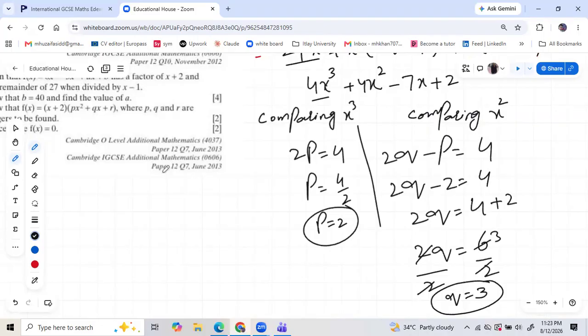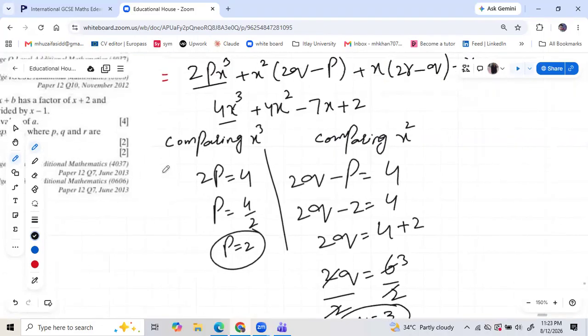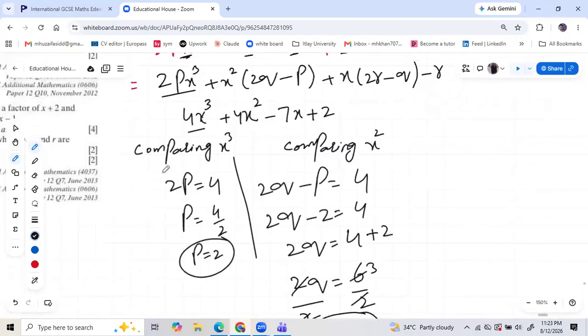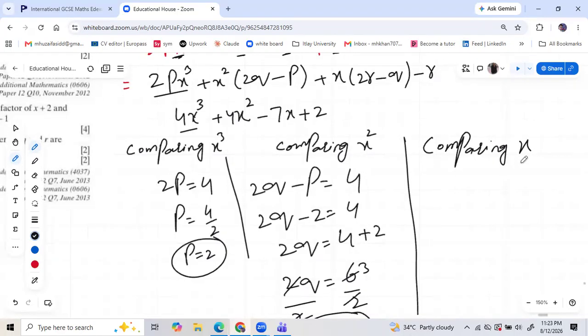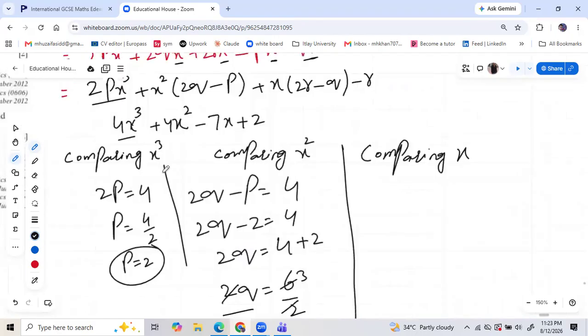Got it? Yes. Okay, now we are comparing our x. So this is your 2r minus q is equal to what? Minus of 7.